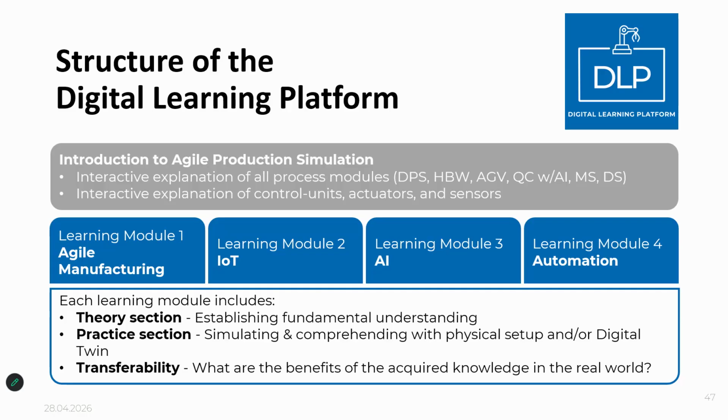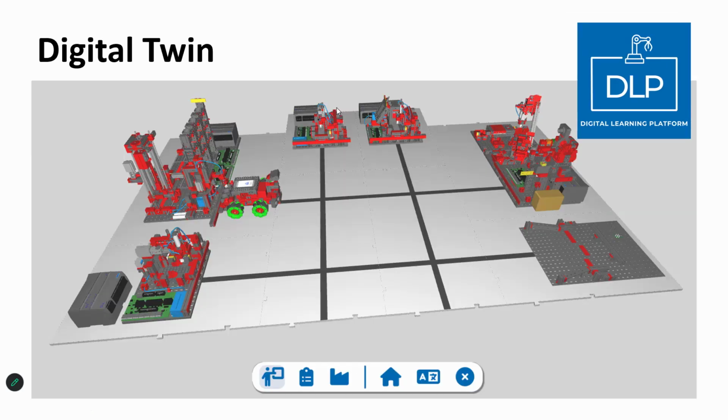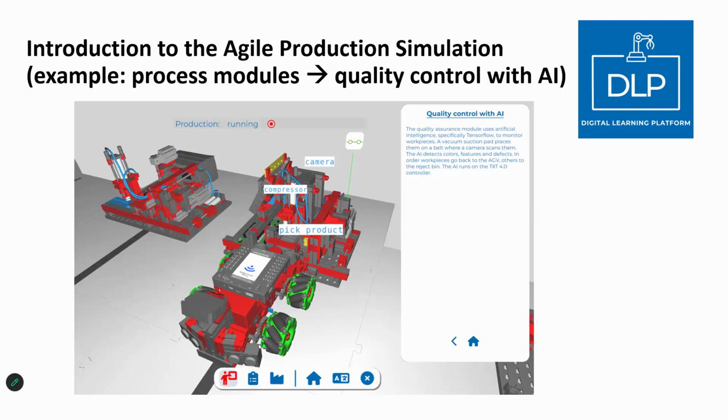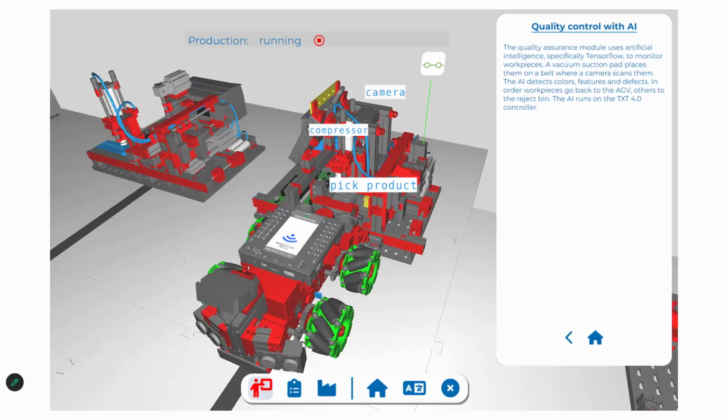The digital twin forms the foundation for the digital learning platform. Once again, the educational or exploration mode of the APS is implemented using the digital twin. The digital twin can be utilized to solve tasks in the learning modules. The digital twin can be used to simulate complex challenges in an agile production environment.